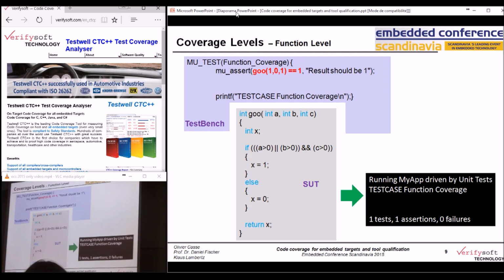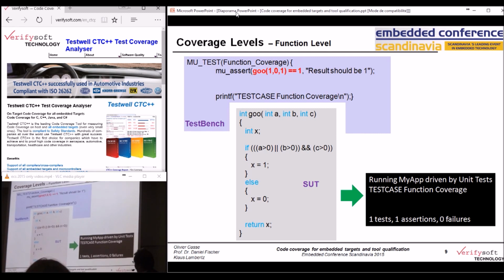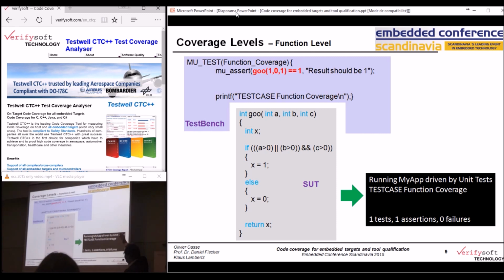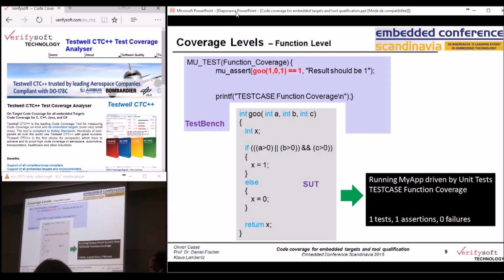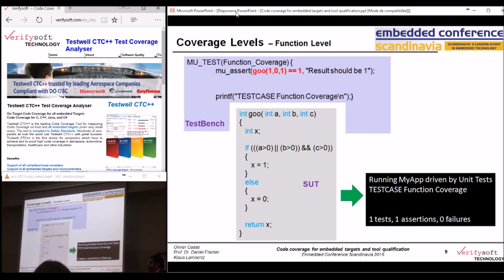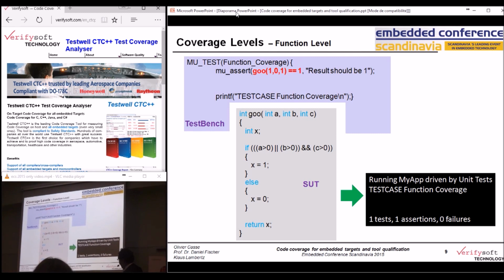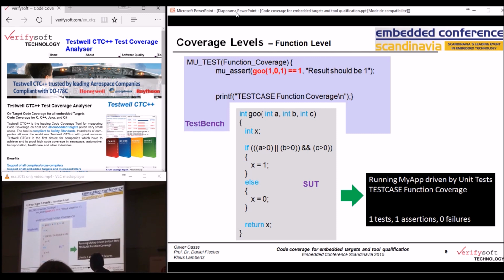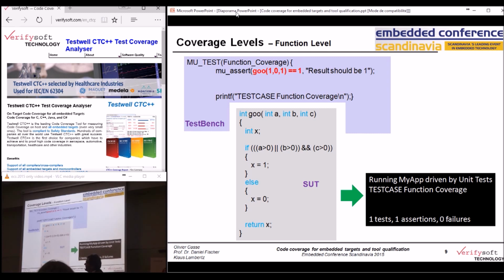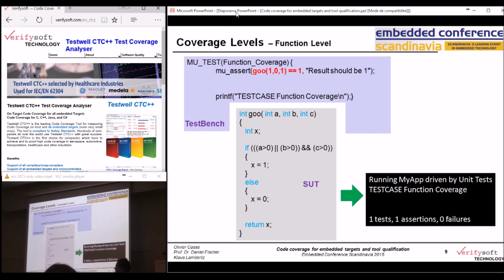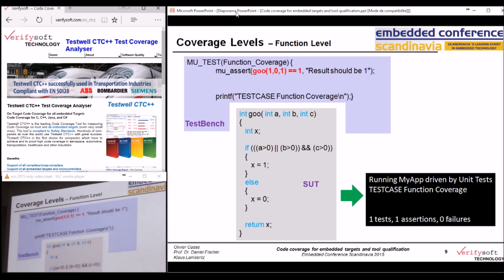So we go through the various function level, condition level, etc. The first level is very simple. We are using a unit test tool, and we can use any unit test tool available on the market. This one is very simple; it's only one file you need to use in your application.